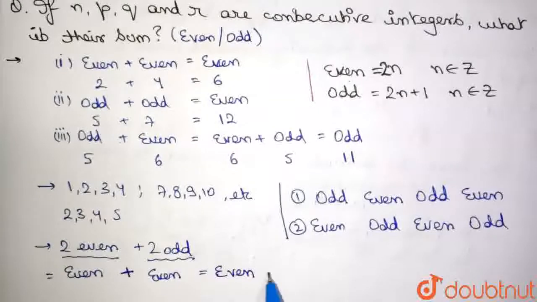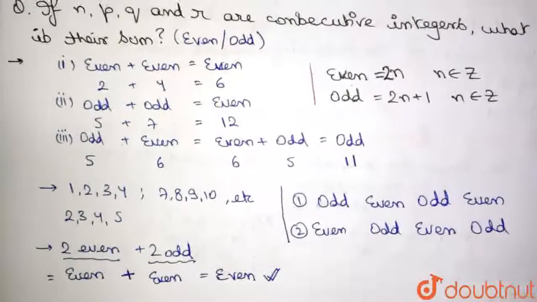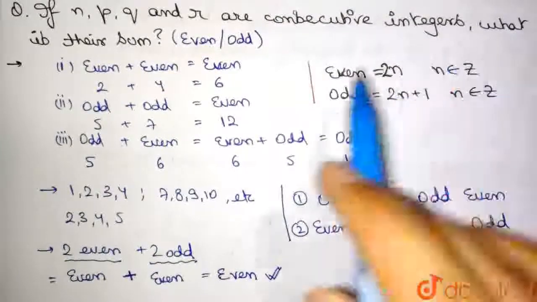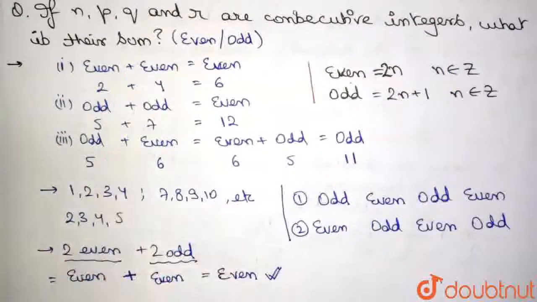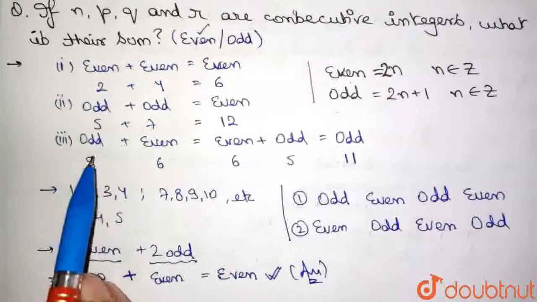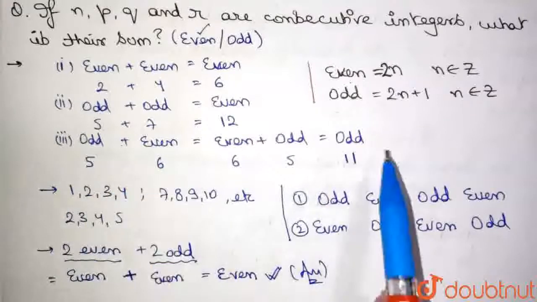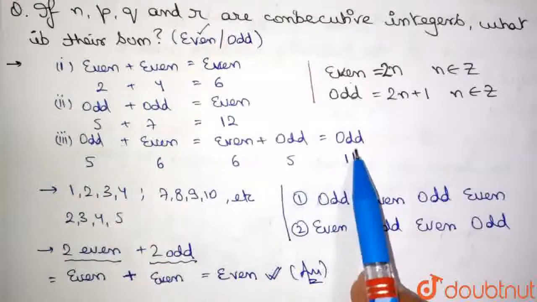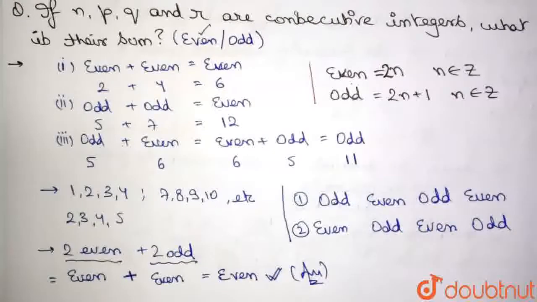That means the answer to this particular question is even. If n, p, q and r are consecutive integers, their sum is an even number. Remember guys, whenever we add odd and even, the final answer is odd. That is it guys. Thank you so much for watching.